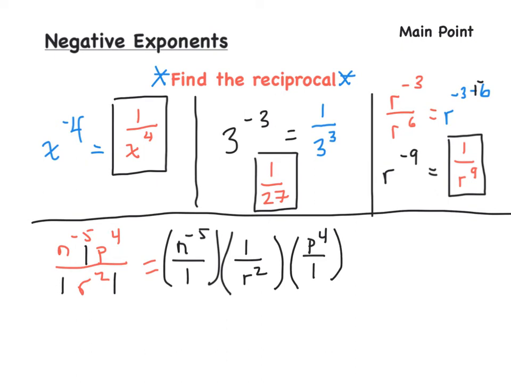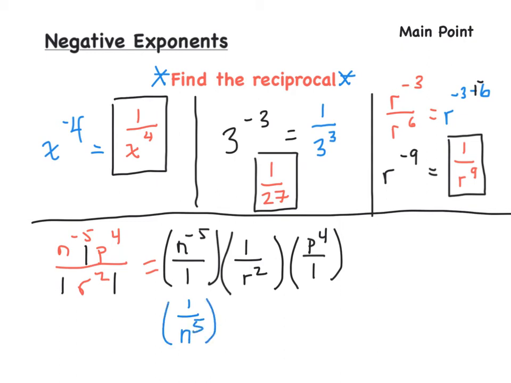Now, we have a negative number. These we can just leave alone because these powers are already positive. But this one's negative. We need to find the reciprocal of this one, which would be 1 over n to the fifth.